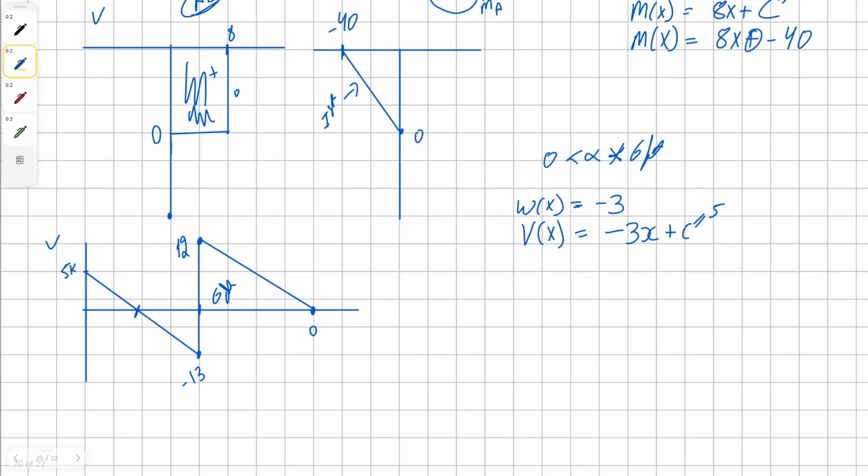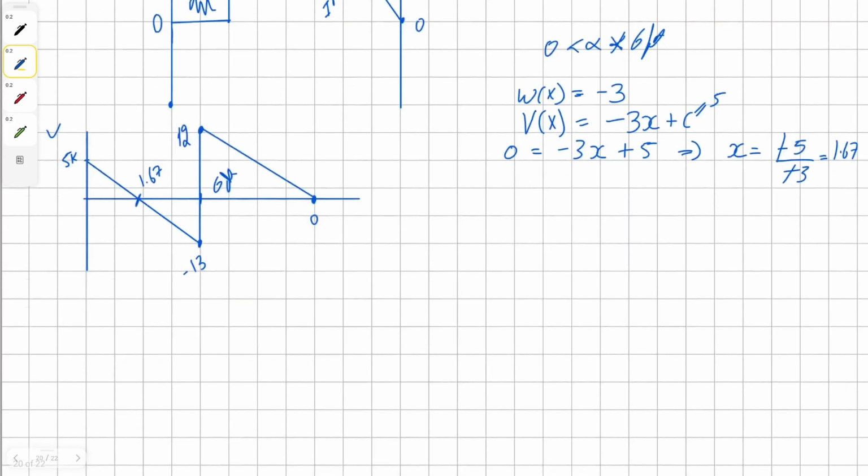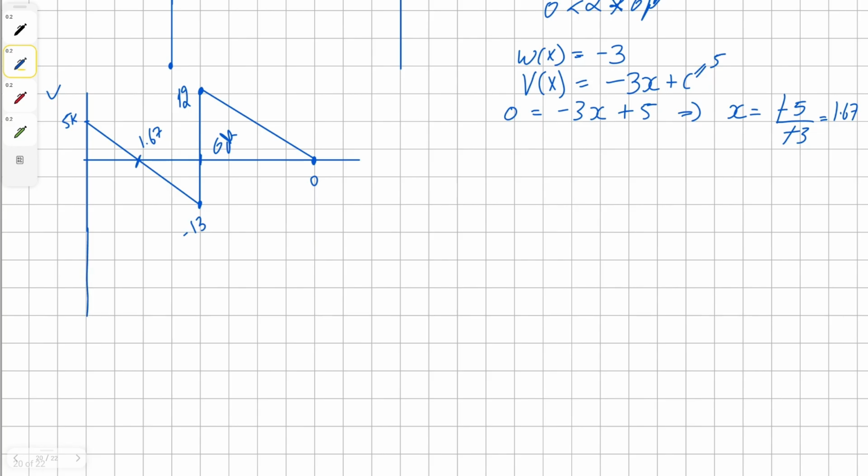So now we can determine when our shear is 0, what is our value of x. And this comes up to be 1.67 feet. Now we can start drawing our moment diagram.